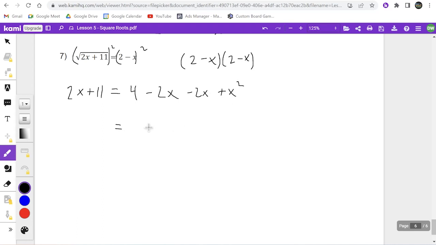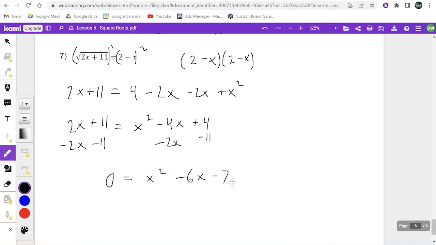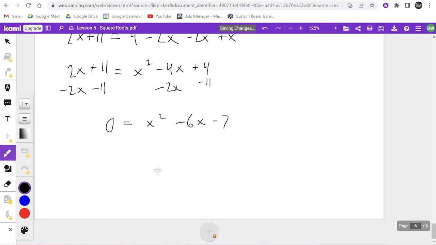The right side simplifies to, and I'm going to rewrite this in the order I like, x squared minus 4x plus 4. And then remember, I need to subtract 2x from both sides and subtract 11 from both sides. So I get 0 equals x squared minus 6x minus 7.